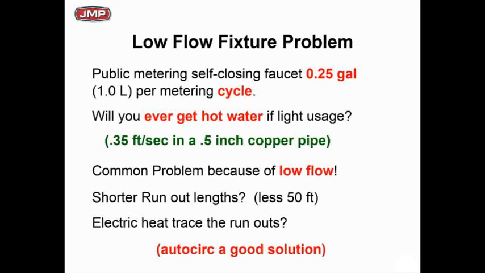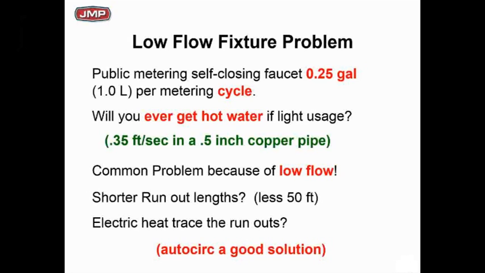If you had a 0.25 gallon per metering cycle faucet to work with, will you ever get hot water? This goes back to my little experience in the airport. If you do a routine calculation on that, you come up with about 0.35 feet per second flow in a 1/2-inch copper pipe, about 0.35 feet per second on a 1/4 gallon per metering cycle.